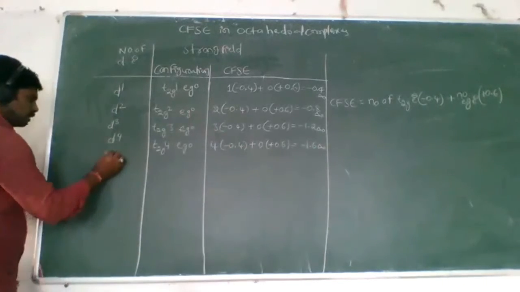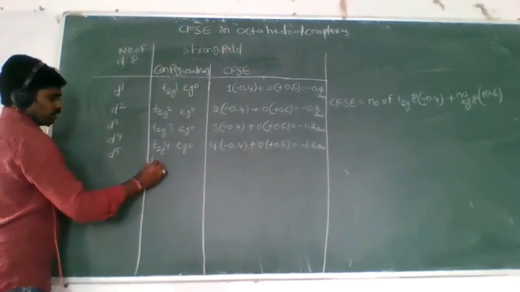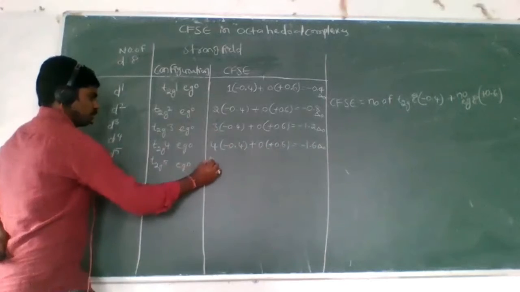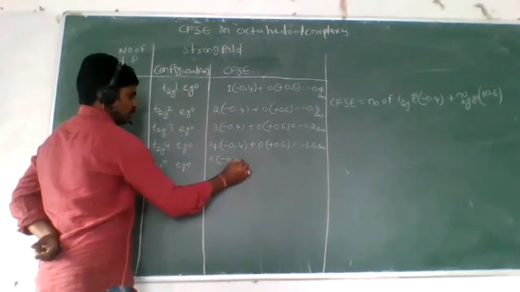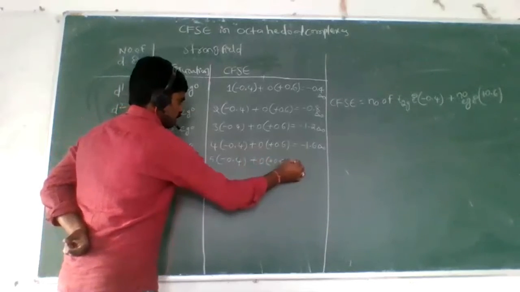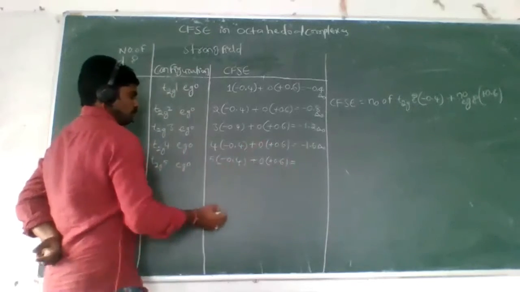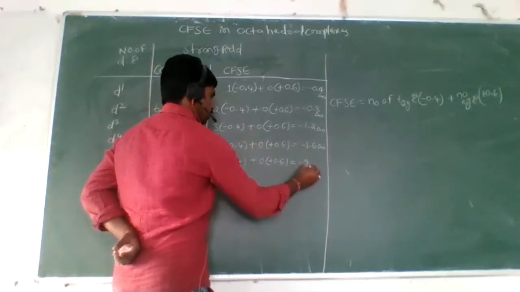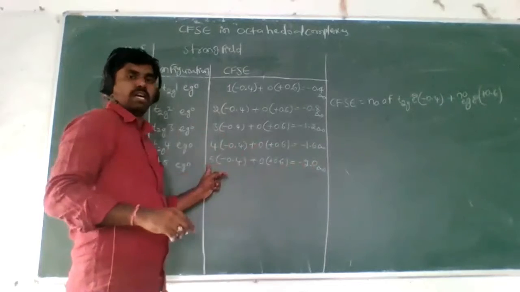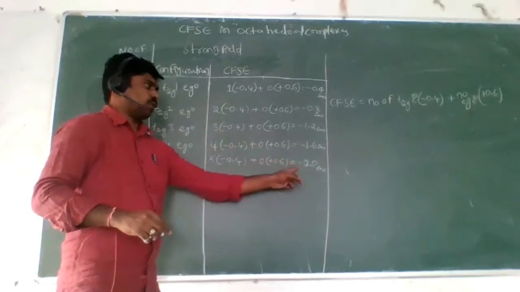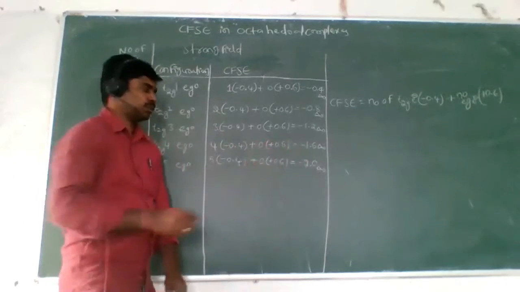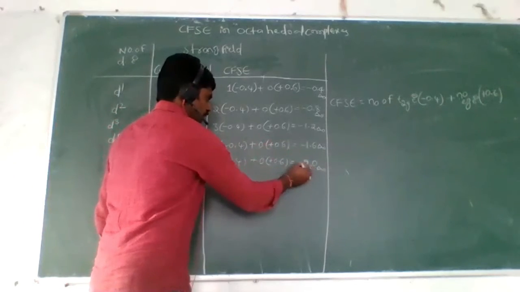Next, if there are 5 electrons, T2g5 EG0: 5 times minus 0.4 plus 0 times 0.6, this is totally 0 now, right? 5 fours are 20, so minus 2.0. If 5 electrons enter the T2g, the complex is stabilized by minus 2.0 delta naught units.